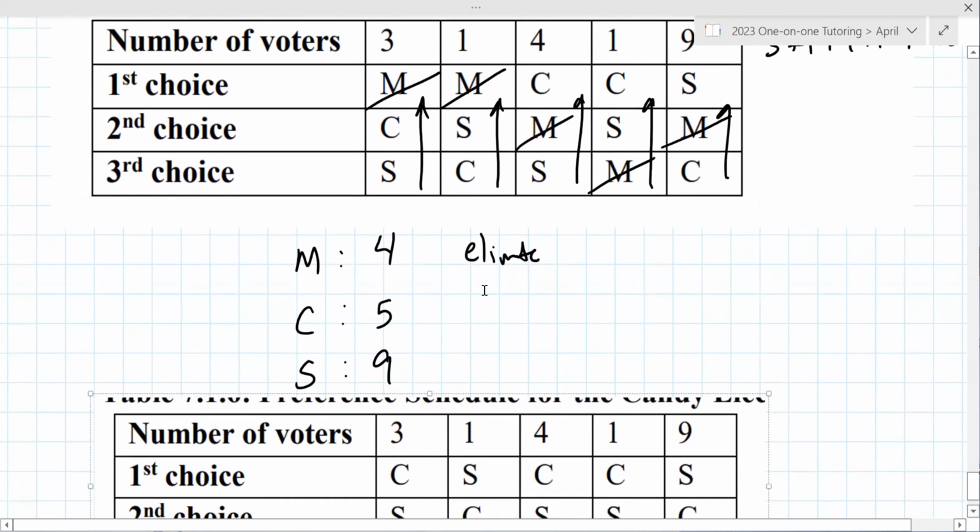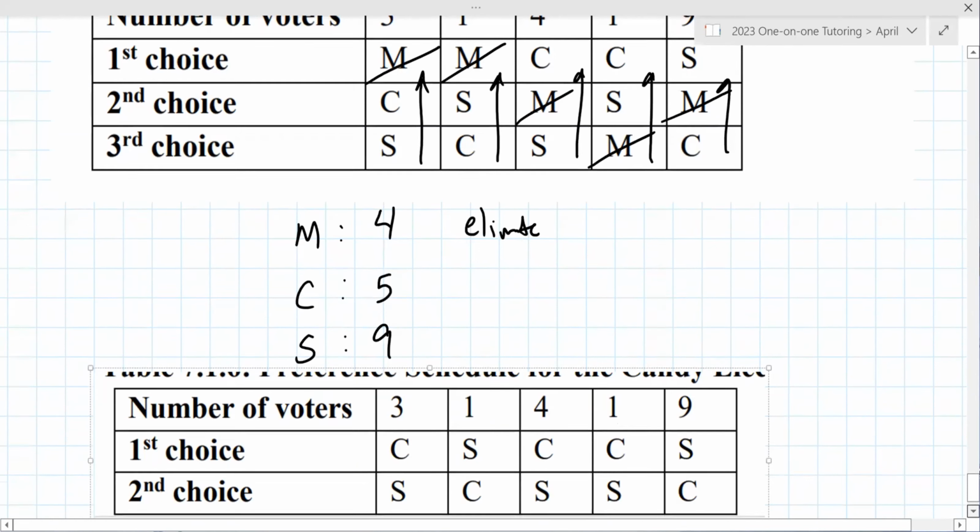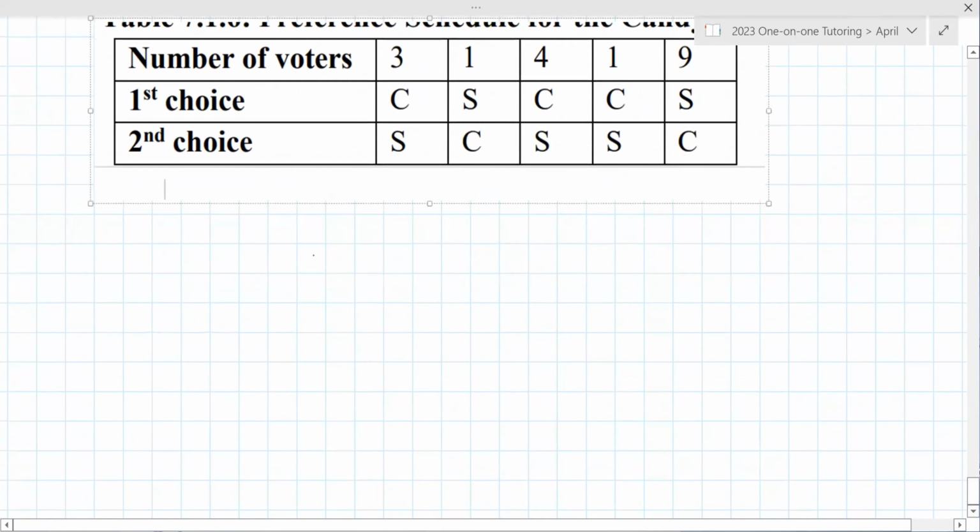See how M is eliminated, so S and C push up, and so on. It would be good to redraw it, but then you do the same thing. You do the comparison between C and S, or however many letters you have, and you're just looking at the first place votes. What would that be?